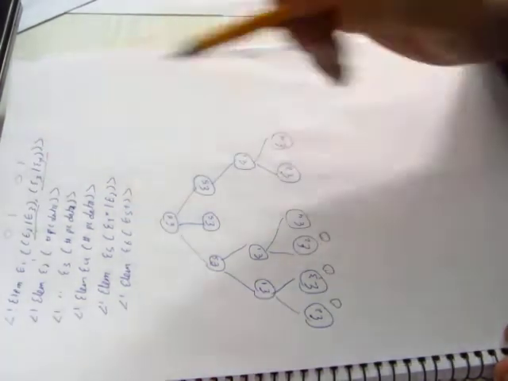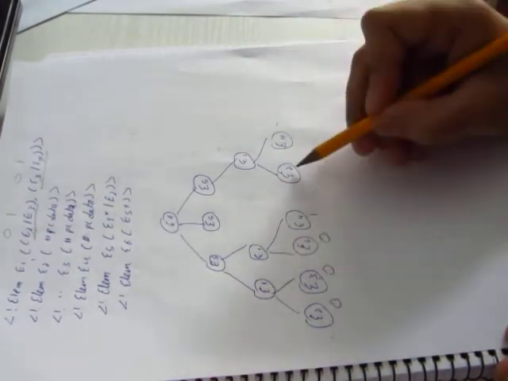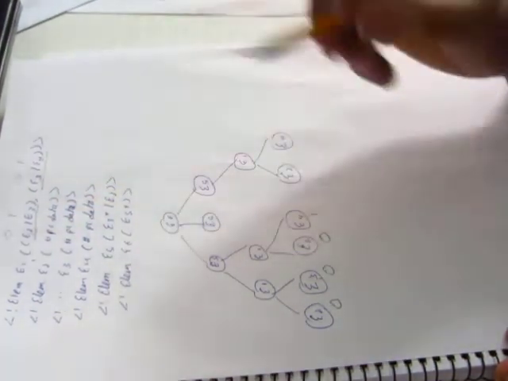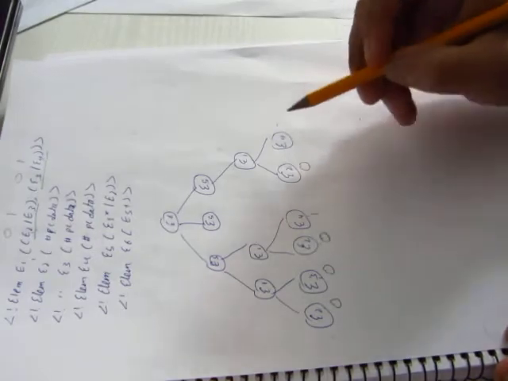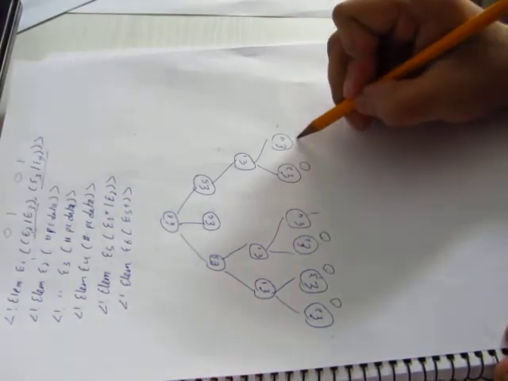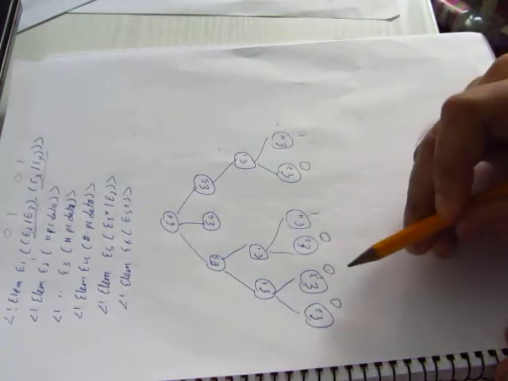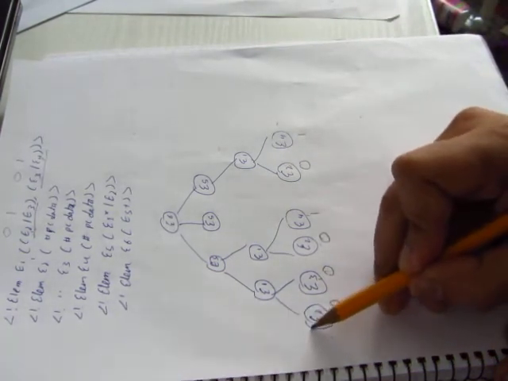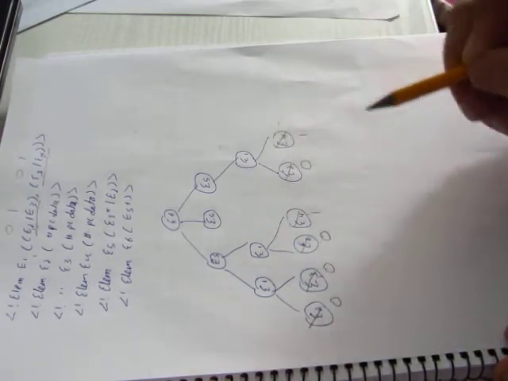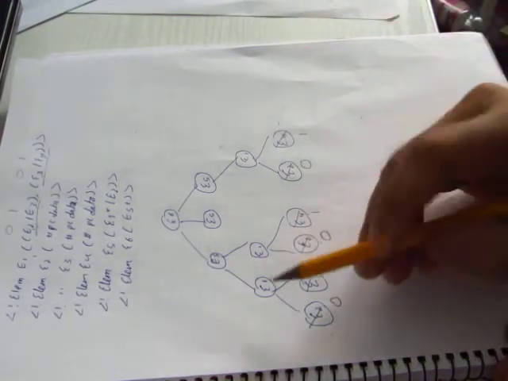This is E4, so we write 1. And again for E1, first child is E2, and it's 0. And for E4, we write 1, the next sibling. So now we delete these nodes. We don't need these nodes anymore, and we go to the next level.